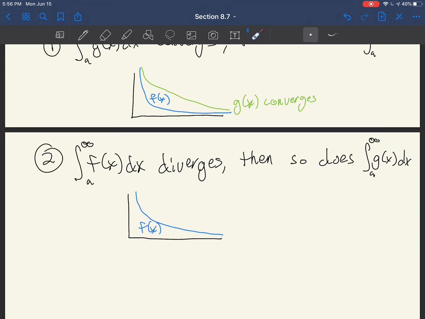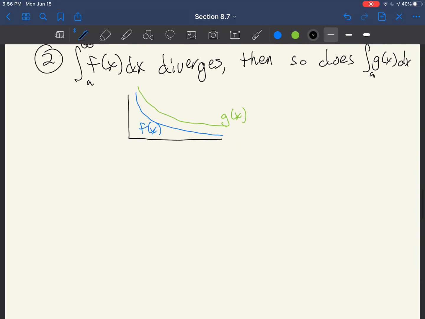So if you have f of x, and the area below the curve is not finite, so it is infinite, then if you have a curve that lies above it, this will have a larger area, and it's larger than infinity, so it must also be infinity. Okay, let's see an example of this.